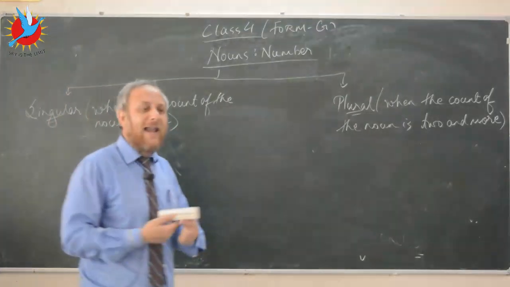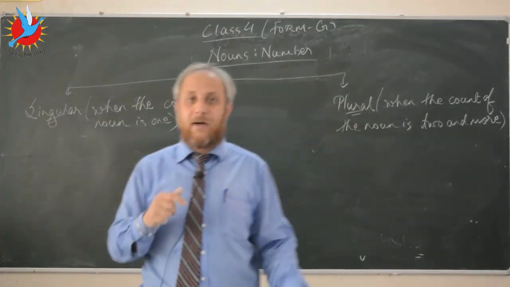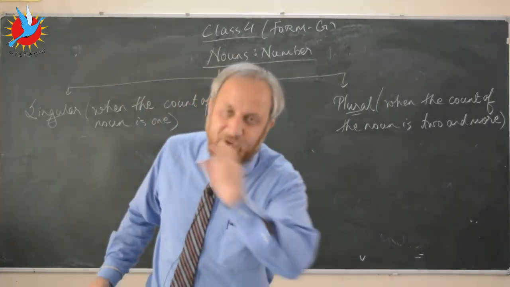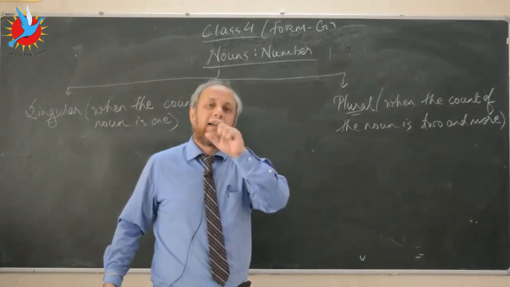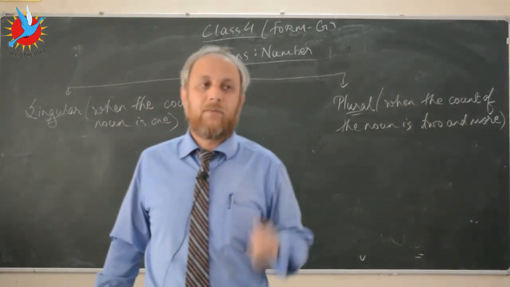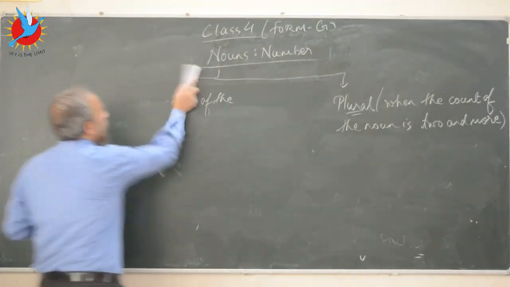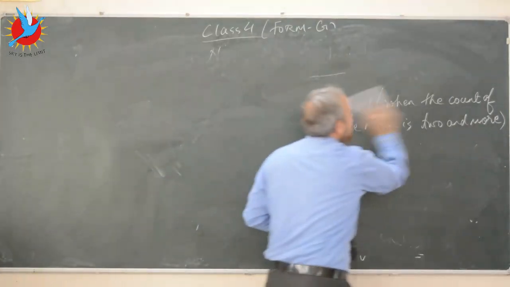So I've given you an idea about nouns number. We have singular nouns, we have plural nouns, and there are different ways of making singular nouns plural. Fine. Now I'll teach you something else about nouns.